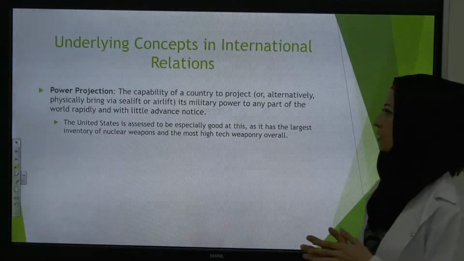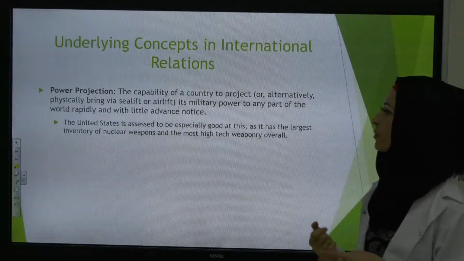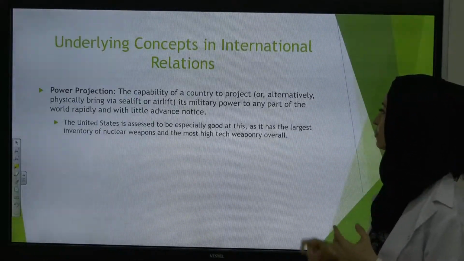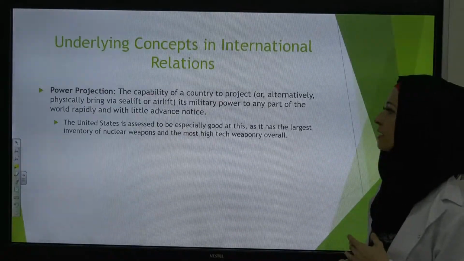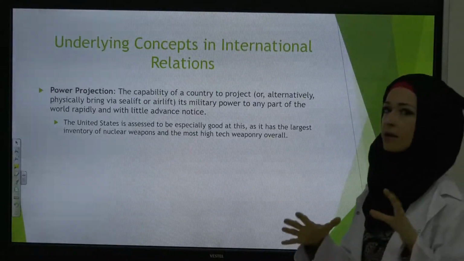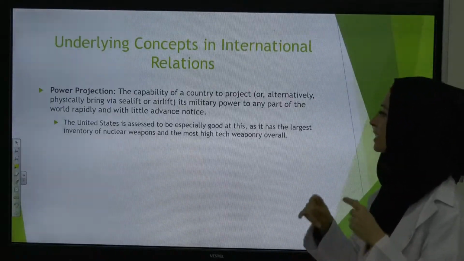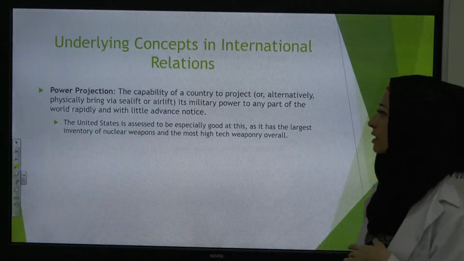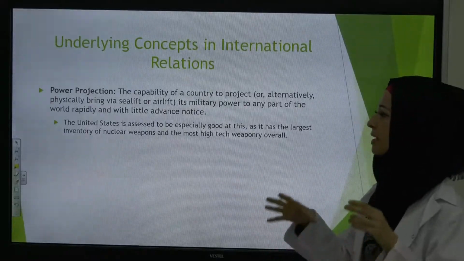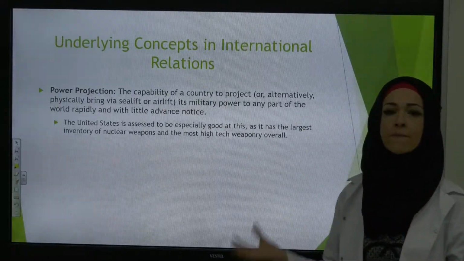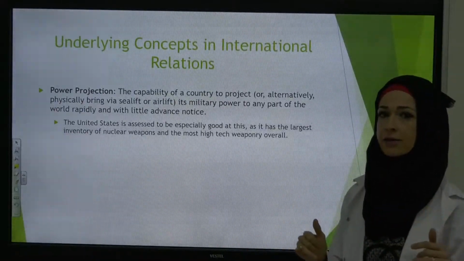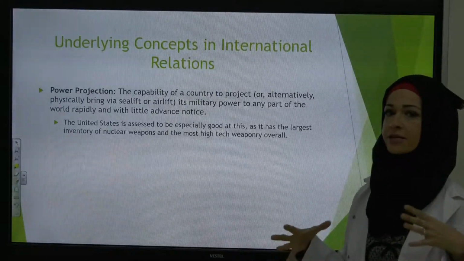Power projection. Now, this is the capability of a country to project or alternatively physically bring through sea lift or airlift its military power to any part of the world rapidly with little advance notice. So, the ability for a country to immediately act and take on a military endeavor.